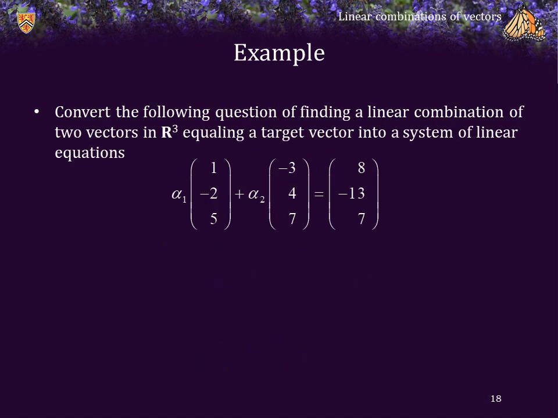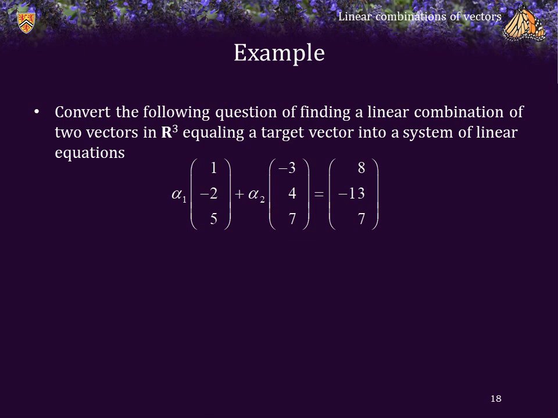Next, let's go the other way. Convert the following question of finding a linear combination of two vectors in R3 equaling a target vector also in R3. Let's convert this into a system of linear equations. Well, because we're in R3, there are going to be three equations, and because there are two vectors we are taking a linear combination of, we will therefore be having two unknowns.